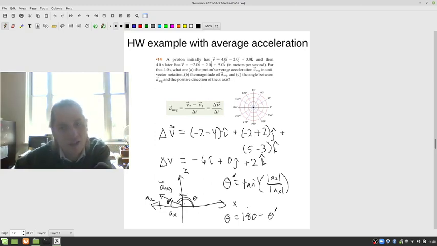Or if you want to use radians, you could use pi minus that primed one.